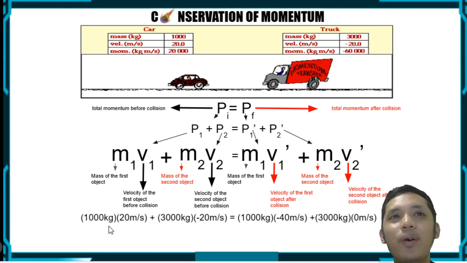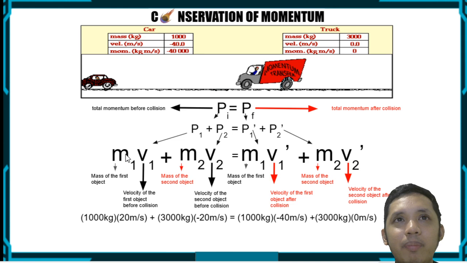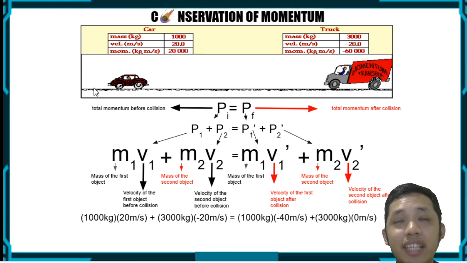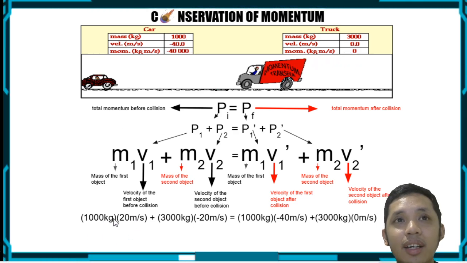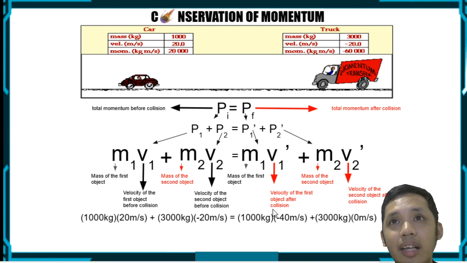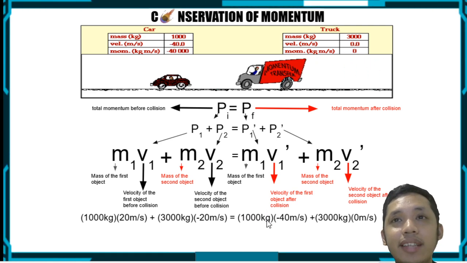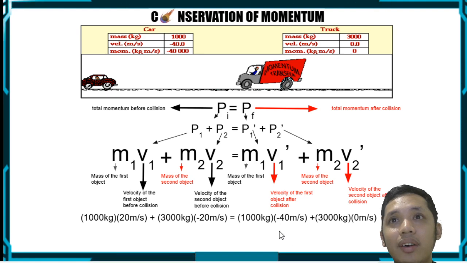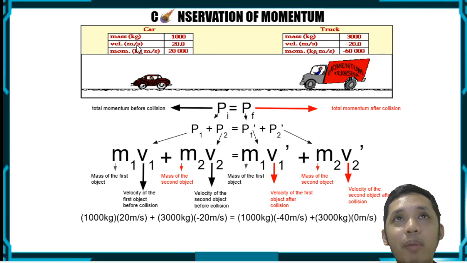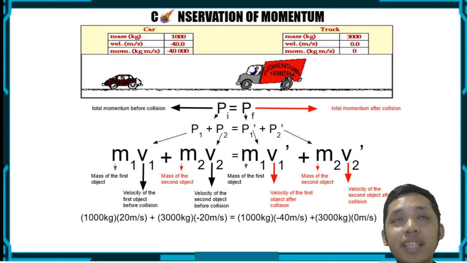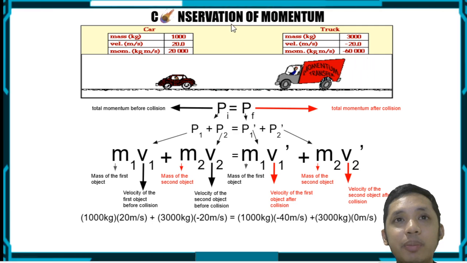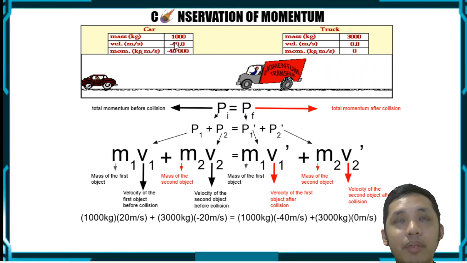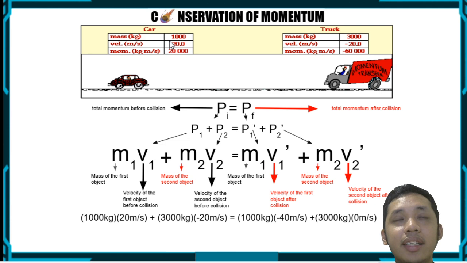Alright, so here, the mass of the first vehicle is 1,000 kilograms, and it does not change even after the collision, it's still 1,000 kilograms. And then, the velocity of the first vehicle after the collision is 20 meters per second. You can see it here in this table.